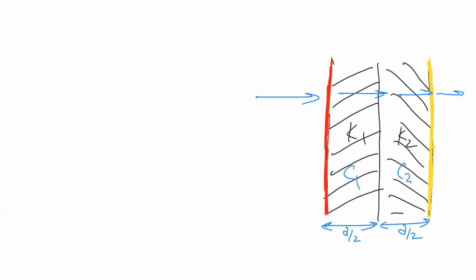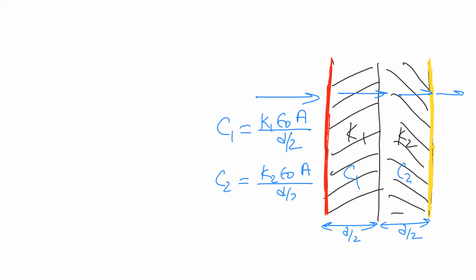So C1 value will be K1 epsilon naught A divided by D by 2. C2 value will be K2 epsilon naught A divided by D by 2, right? 1 by C equivalent, it is series combination.